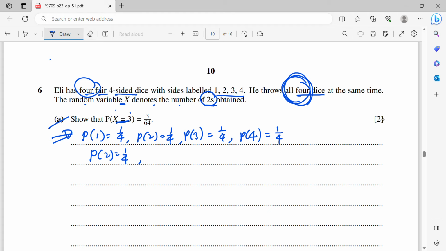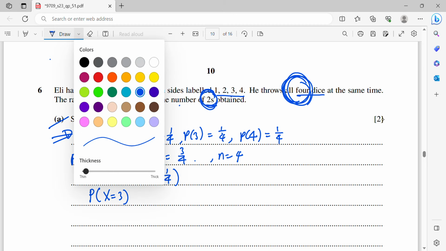So I will say that my P equals P2, which is 1 over 4, which means my Q is 3 over 4. My Q means not getting 2. And my N is 4, because you are throwing 4 dice. So I will say X is binomial, 4 and 1 over 4. The X here means how many times you get the 2 out of the 4 dice. So now we need to get P(X = 3).